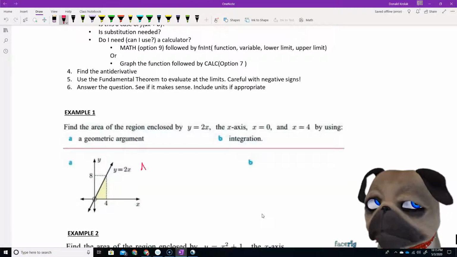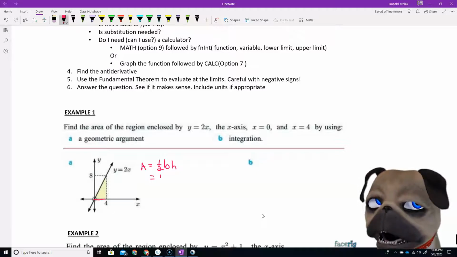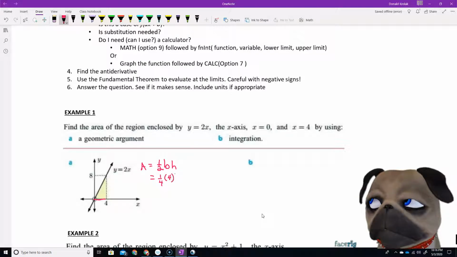I know the area of a triangle is 1/2 the base times the height. The base is 4 and the height is 8, and so I get an area of 16.